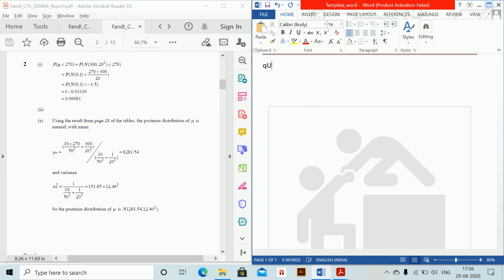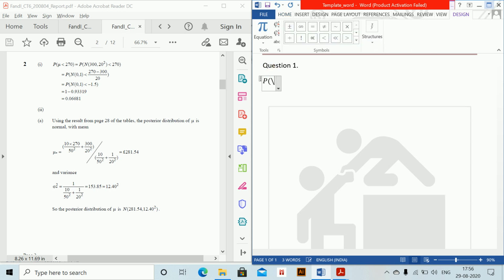So first again write the question 1. So the probability that mu is less than 270 is equal to the probability of N(300, 20²) being less than 270, which equals the probability of N(0,1) being less than (270 minus 300) divided by 20.